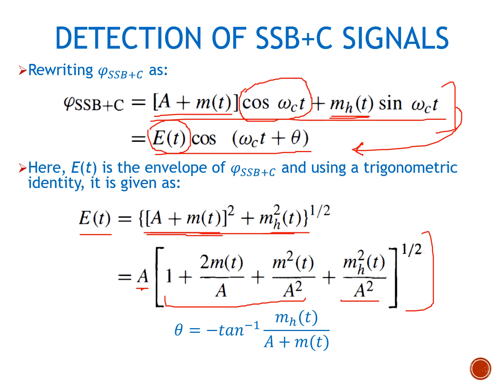Since we have taken A as common outside, we have A in the denominators and A squared here in the denominators, right? So the square root appears as it is. Now this is the expression for E(t). We can see there is a theta also that appears here.